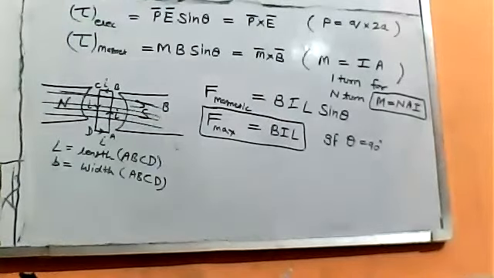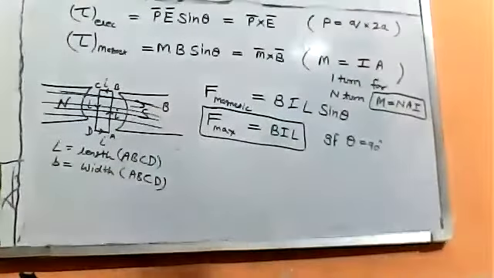The reasoning question asks: if a conductor is kept parallel to the direction of magnetic field, what will be the value of magnetic force? Minimum, maximum, between the two, or none of these?